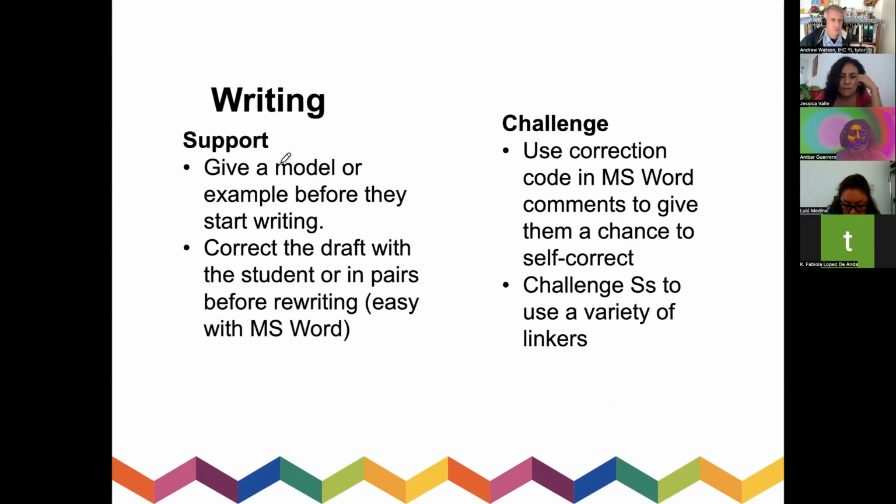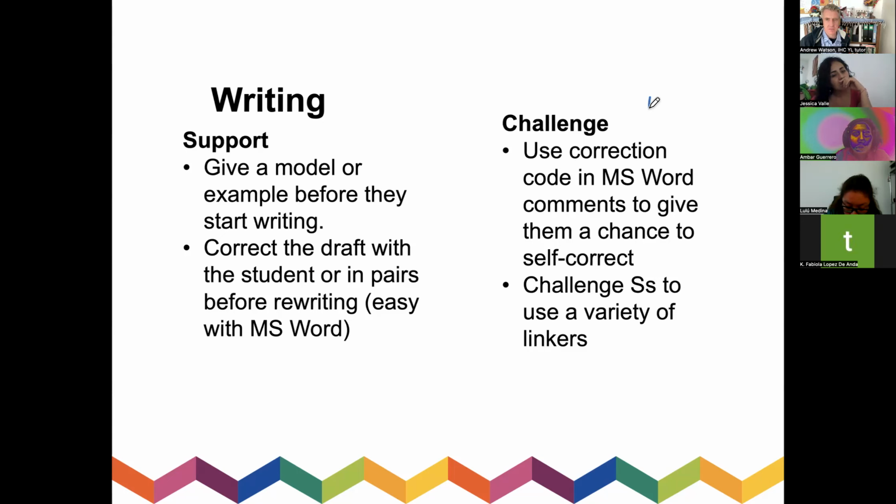Writing. In terms of support, give a model or example before they start writing. Correct the draft with the student or in pairs before rewriting. Challenge: use a correction code in Microsoft Word comments to give them a chance to self-correct.